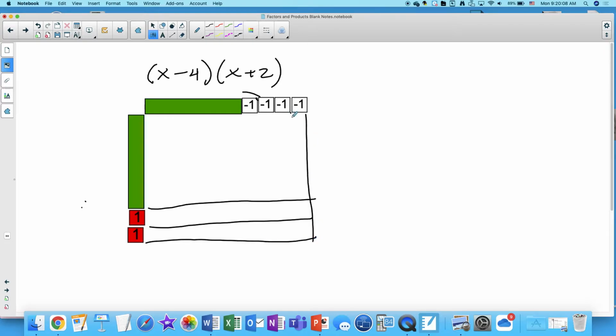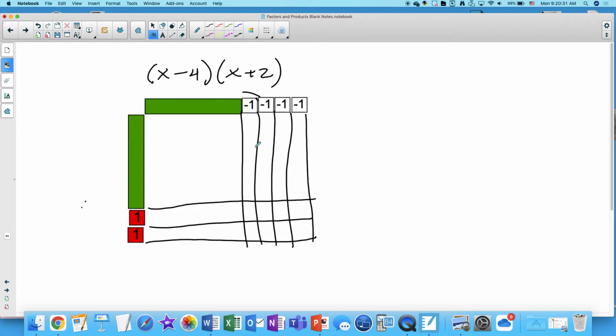Okay, and then what we have to do is put the tiles that fit in there. The area is our product. So we can see in here, there's going to be one of the big tiles, and the big tiles either represent x squared or negative x squared. Okay. In this case, it's going to be positive x squared because x times x is positive, right?